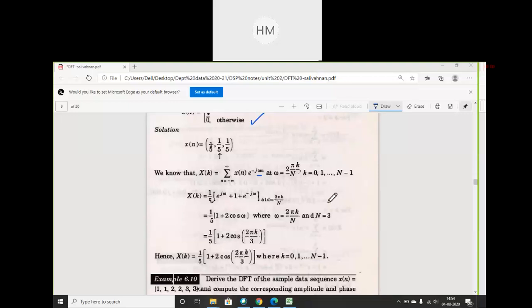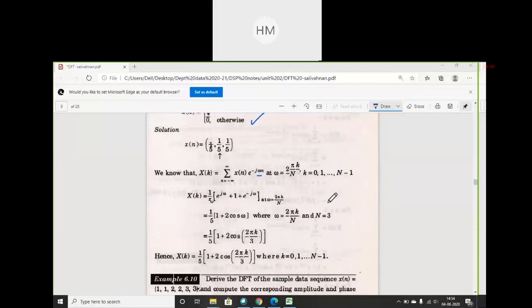Write down the homework in your copy, which you have to simplify on your own. Determine 4-point DFT for x of n is equal to, in brackets, 1, 2, 3, 1.